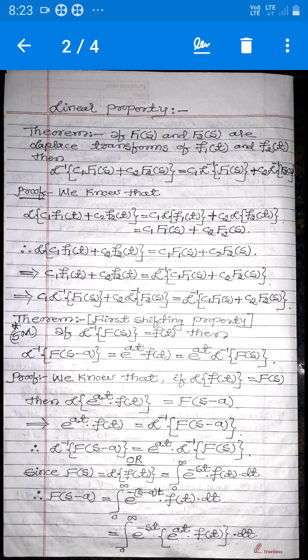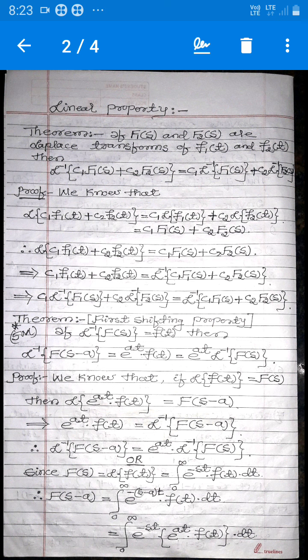In this theorem, two concepts are given: F1(s) is the Laplace transform of f1(t), which means L of f1(t) is equal to F1(s) and L of f2(t) is equal to F2(s).